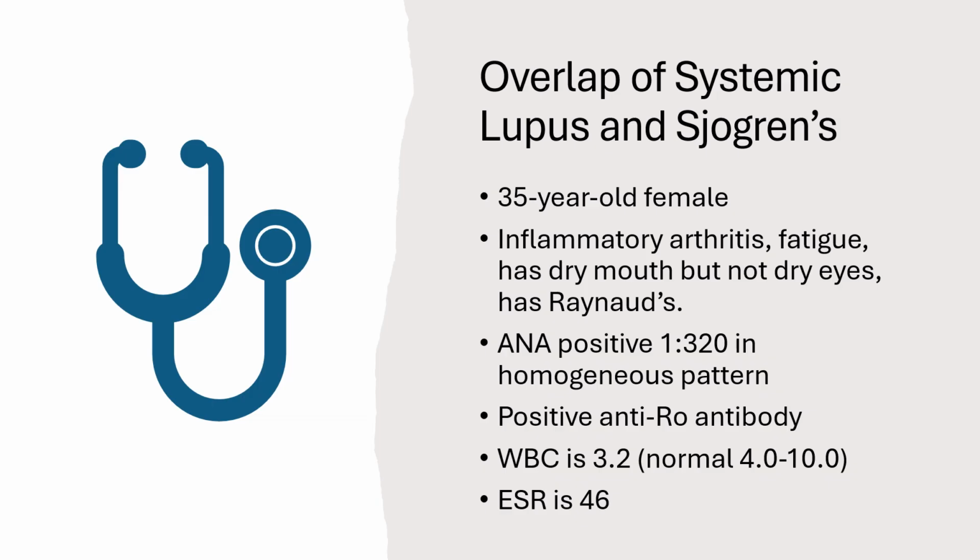Oftentimes what will happen is you start with one diagnosis, and then over time as the disease changes or develops, you may actually change the diagnosis. So I might start by calling this person Sjogren's disease, but then they'll get cutaneous lupus down the road, or maybe they'll develop a glomerulonephritis, and so I'll switch that diagnosis over to lupus.